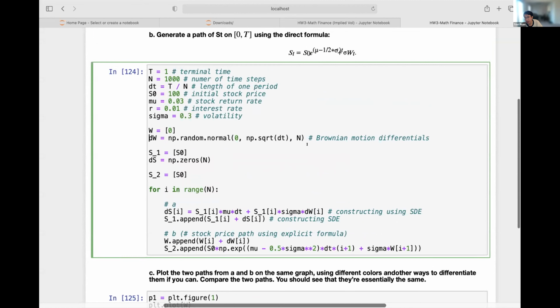So what I was doing is to get dW, I was taking that ith element and dividing by the square root of i, and then using that as my dW, but the graph just wasn't coming out.